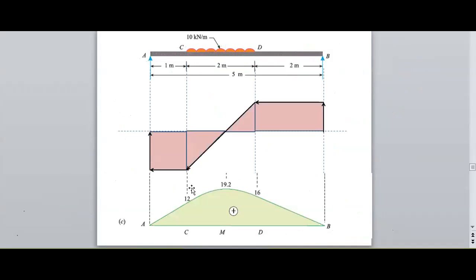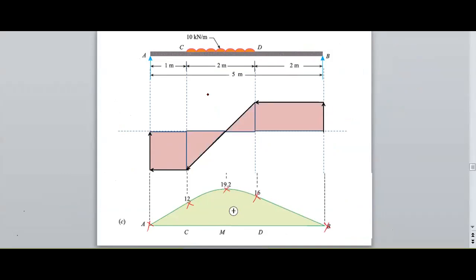So using this, I need to draw the shear force diagram and bending moment diagram. Initially it is a positive 8. We have already drawn the shear force diagram earlier. Bending moment diagram: 0, 0, 16, 19.2 and 12.